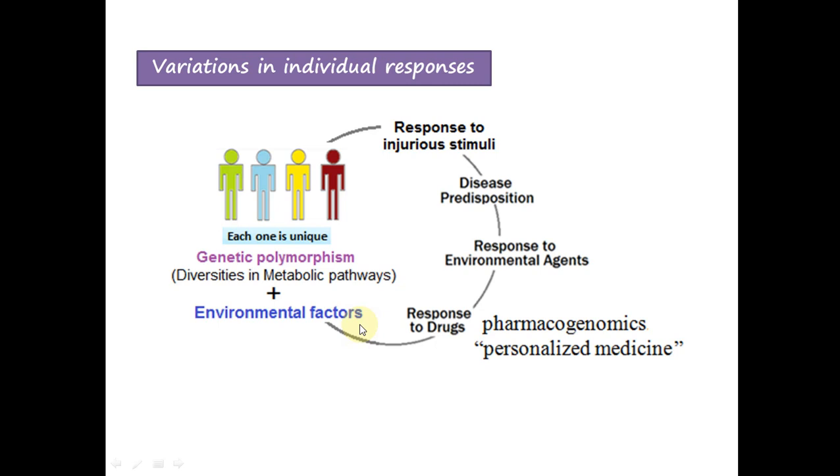For example, a person who, when exposed to particular environmental factors, for example, sedentary life, high fat diets, and other determinants, will develop hypertension. But the same environmental factors may not produce hypertension in other individuals. The same can be true about diabetes mellitus and so many other diseases. So the development of a disease in a particular individual depends on the genetic makeup of the person plus the environmental factors.